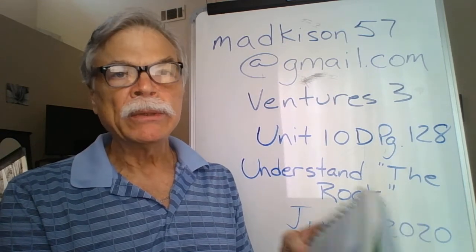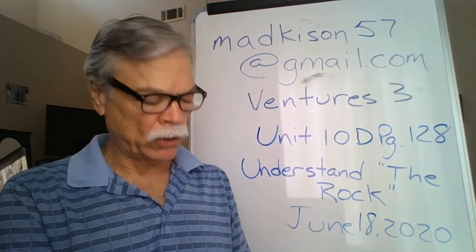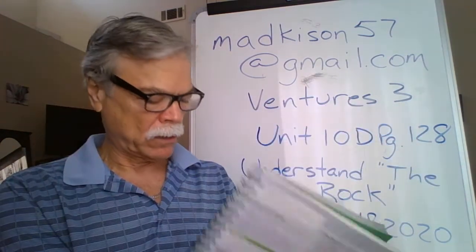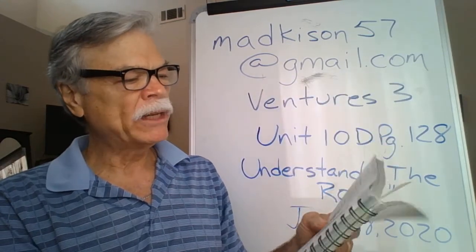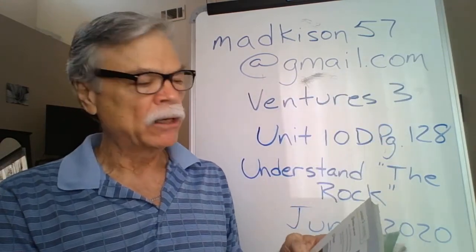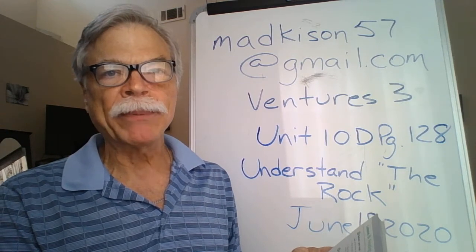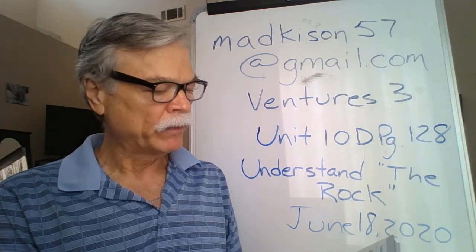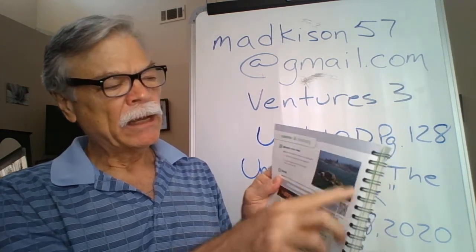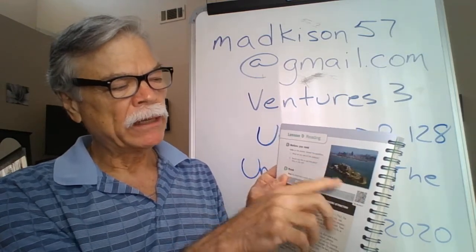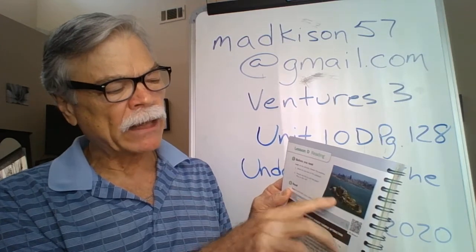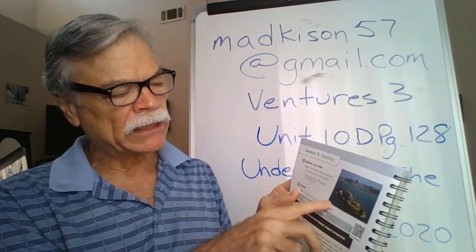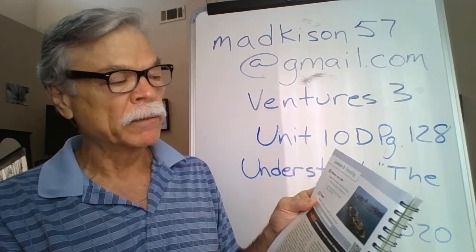Now what we're going to do is take a look in your books, Ventures 3 book on page 128. We're going to read about a particular tourist attraction that's very popular in San Francisco. If you look at this picture in the top right corner, you can see a little island in the middle of this body of water.